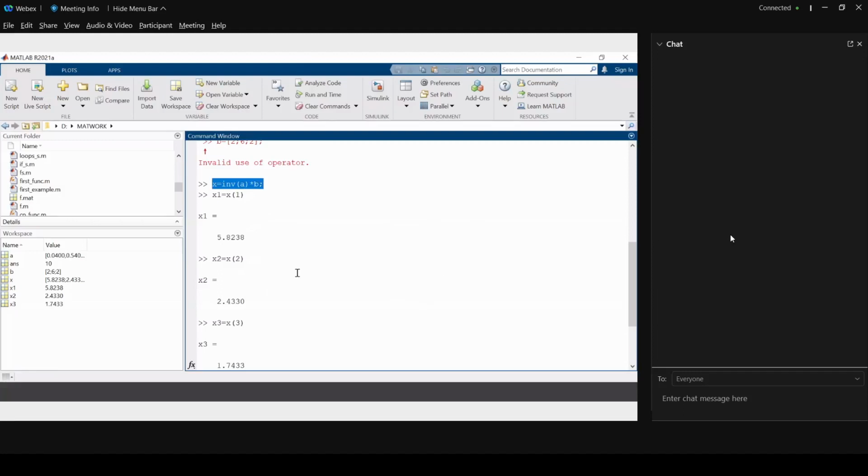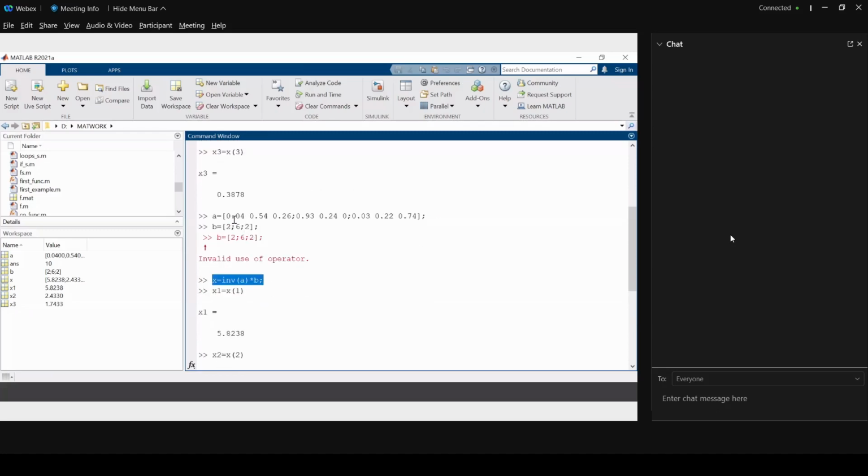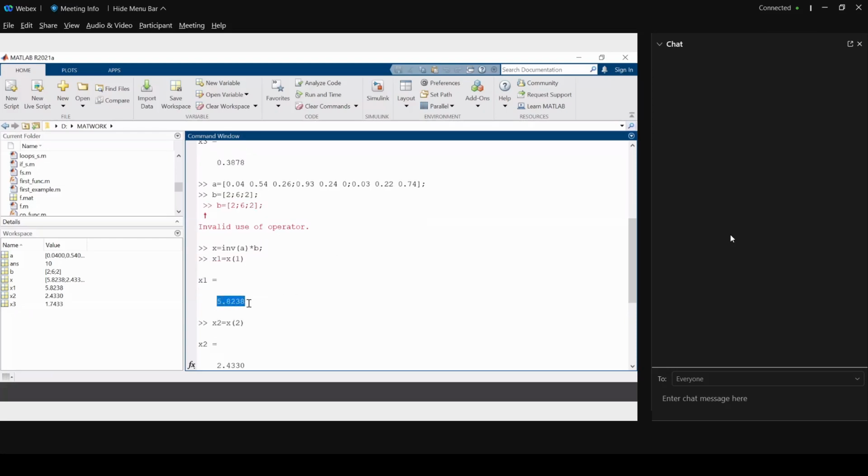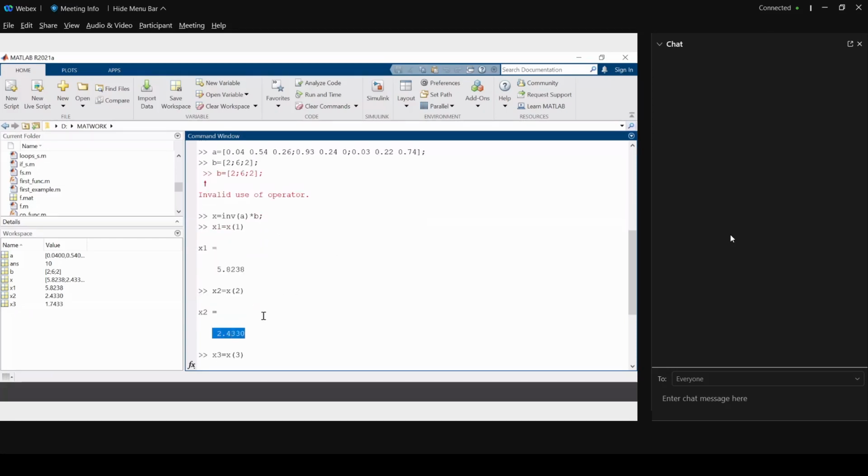X1 plus X2 plus X3 is equal to 10, but you wrote 0.04. So you took the fraction balance? Yes, sir. Then your B matrix might be changing. Yes, sir. It's the first stream given with the fractions of 0.2, 0.6, and 0.2. So what's the answer you got? I got 5.82 for the first stream, the second one is 2.43, and the third is 1.7433. Okay.